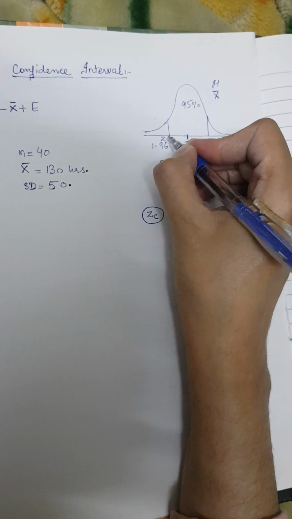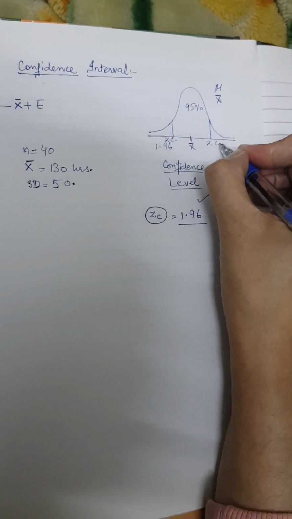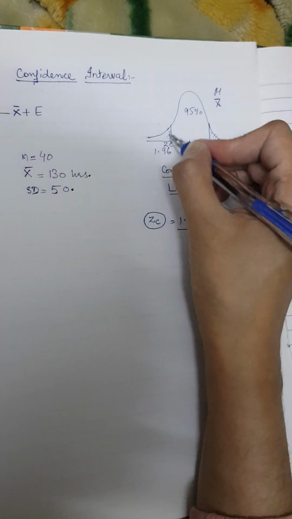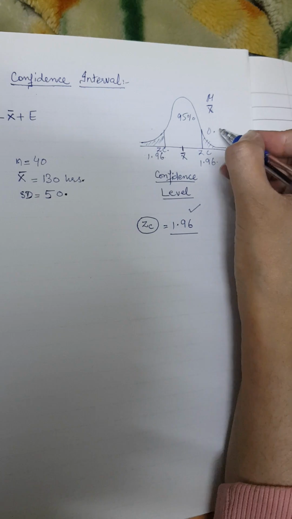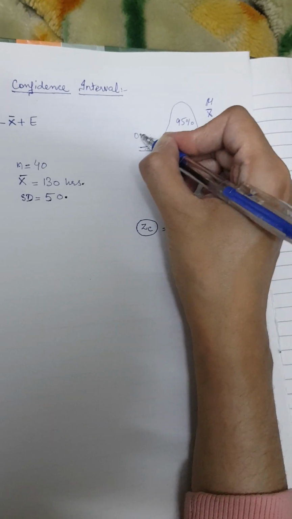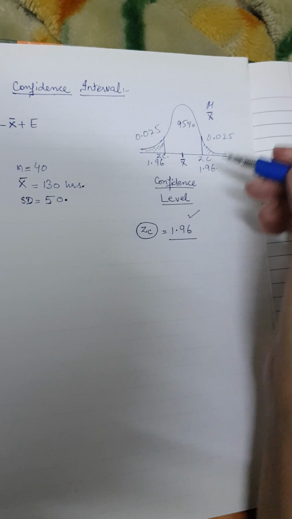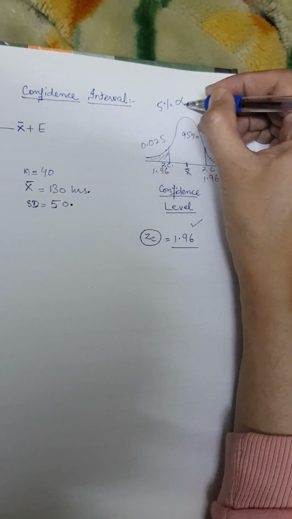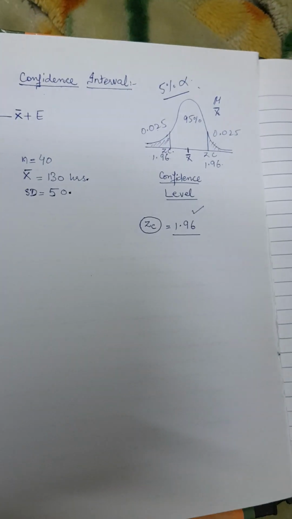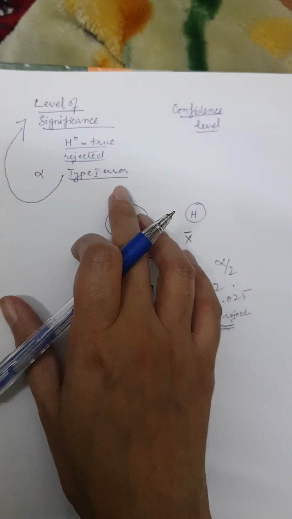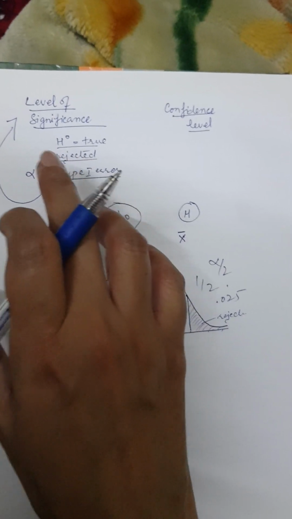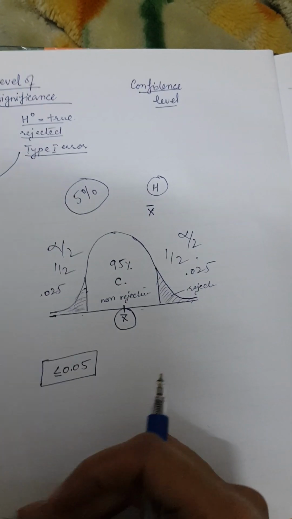These are our z-score values, 1.96. We have 0.025 here and 0.025 here, as we have 5% chance of alpha. And what is alpha? We already know from our previous talk that alpha is the type 1 error. When the null hypothesis was true but it was rejected, it was type 1 error alpha, and that is also called the level of significance.